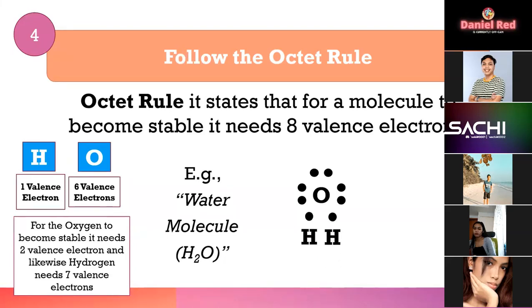Now you can see the formation of the octet rule, or the 8 valence electrons of the oxygen. If you count that, it equals 8 dots, or the 8 valence electrons. The 2 valence electrons are donated or shared by hydrogen for the oxygen to become stable.